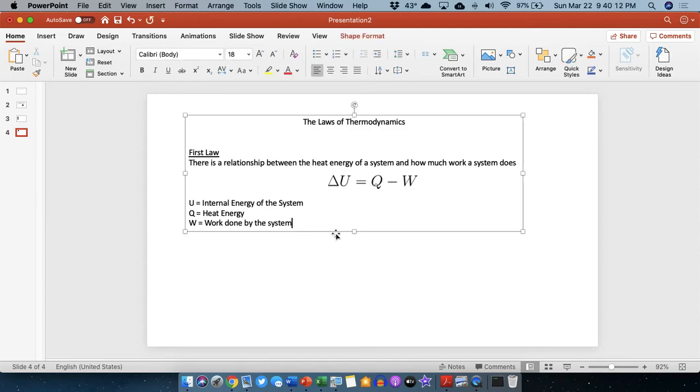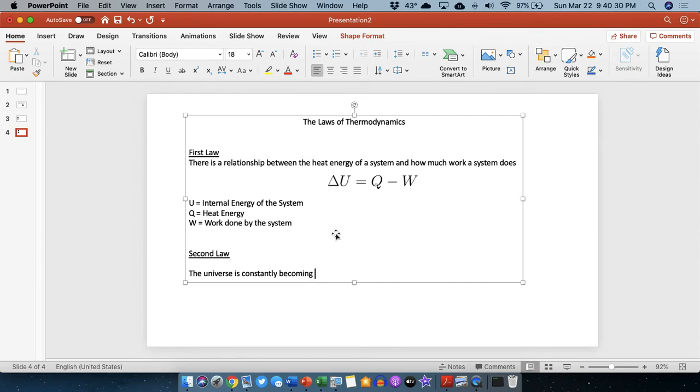The second law of thermodynamics says this, that the universe is constantly becoming more random, more chaotic.